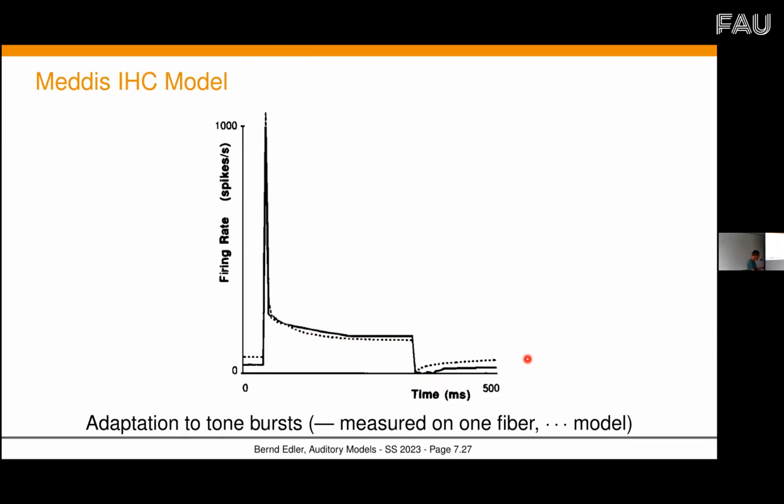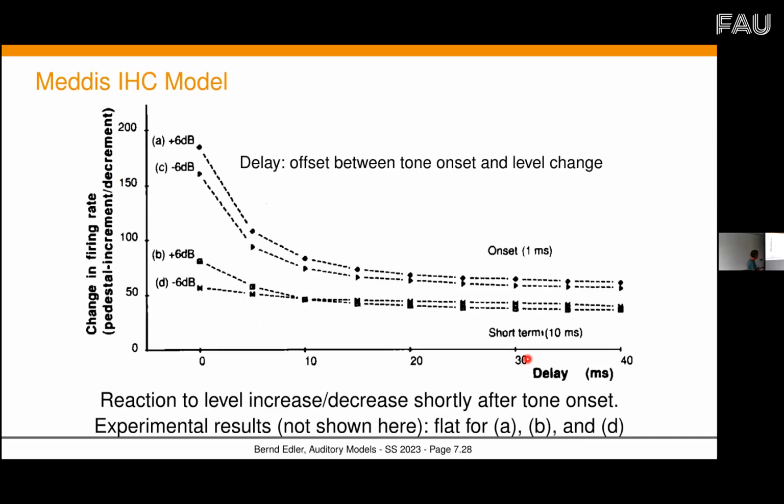If you have this direct onset and offset of tones, but there are also things which are not so well captured. The other experiments showed the reaction to a level increase or decrease.